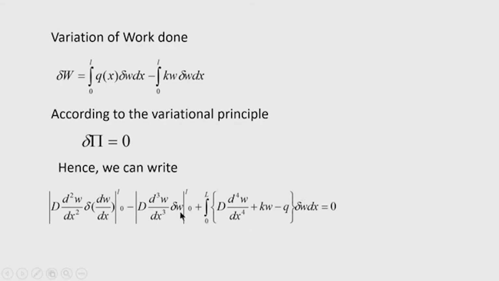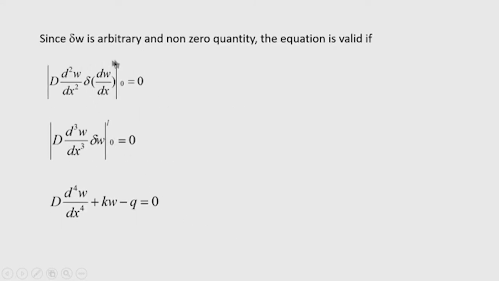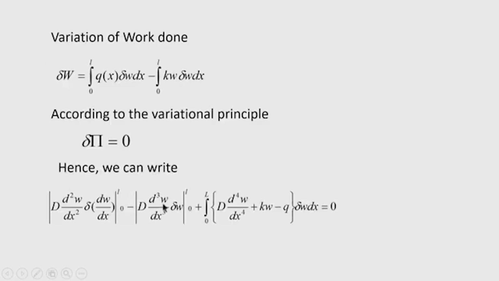Okay. Now, the right hand side is 0, that means we now know that del w is not 0, it is an arbitrary quantity, an arbitrary virtual displacement which is not 0. So, it indicates that the term inside the second bracket should be 0 and the boundary quantities should also be 0. So, based on that we can now write this first quantity is this, second quantity is this.